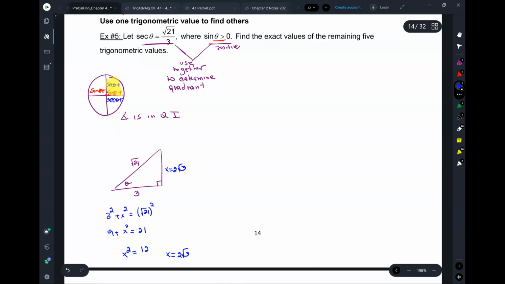Okay, now we're given secant. We need to find sine, cosine, tangent, and then we'll do the rest. So sine is 2 root 3 over root 21. This can actually be simplified.